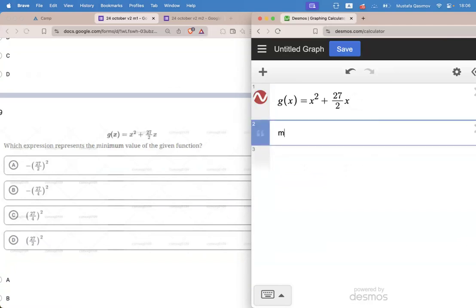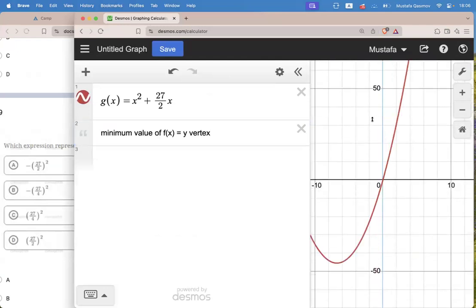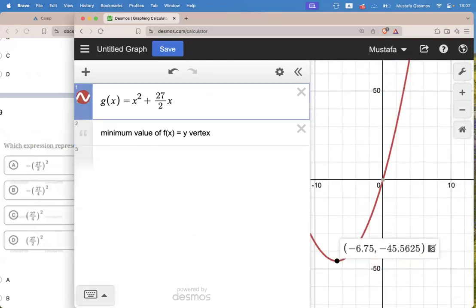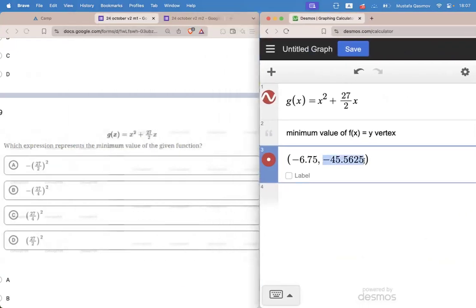When we say minimum value of f of x, it means it is the y vertex. Now let's look at this graph. Okay, that one. So it means that the answer is this value, negative 45.5625.